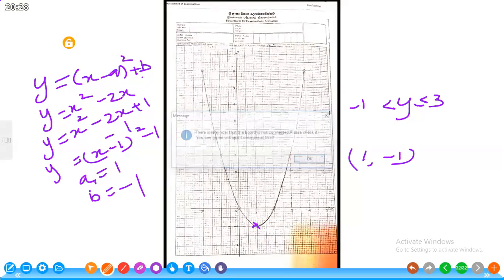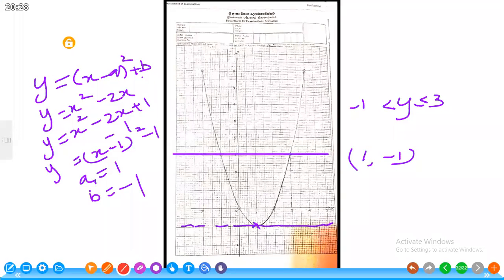So you have to draw the dotted line parallel to the x-axis through y negative 1. And also y less than or equal to 3, you have to draw the line y is equal to 3. Here equal to.